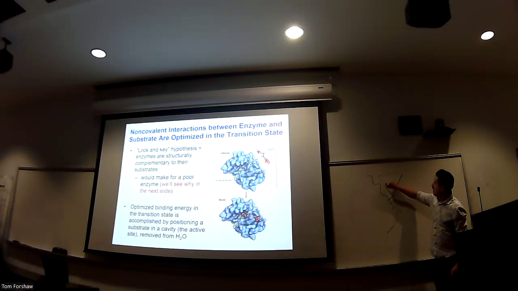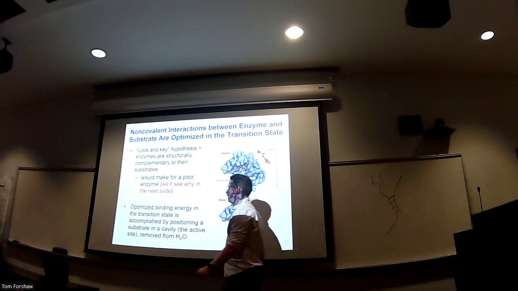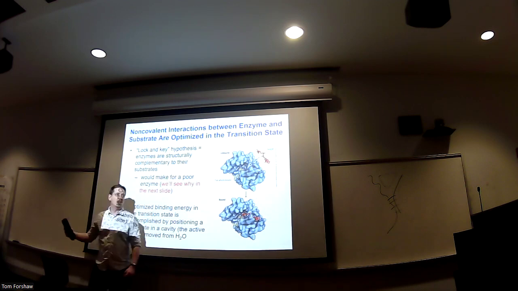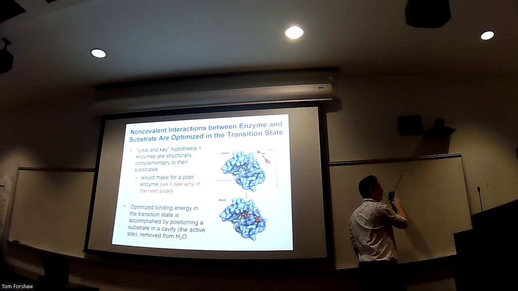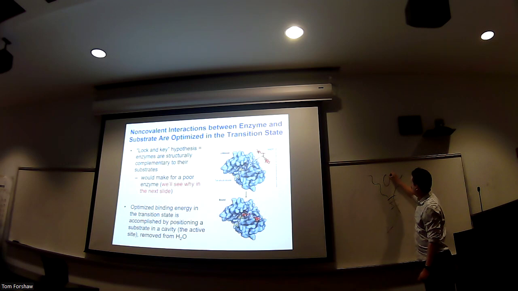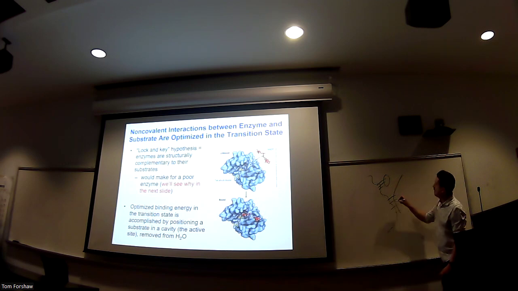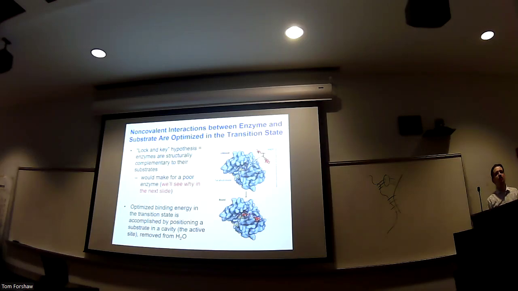There's a little bit of a gap up here. Oftentimes, water can fill in that gap and contribute bridging hydrogen bonds. For instance, maybe there's a water molecule right here, and it forms a hydrogen bond here, but then forms hydrogen bonds here as well. So water can sometimes fill in the gaps where substrates bind to the enzyme in order to help the substrate bind more effectively.